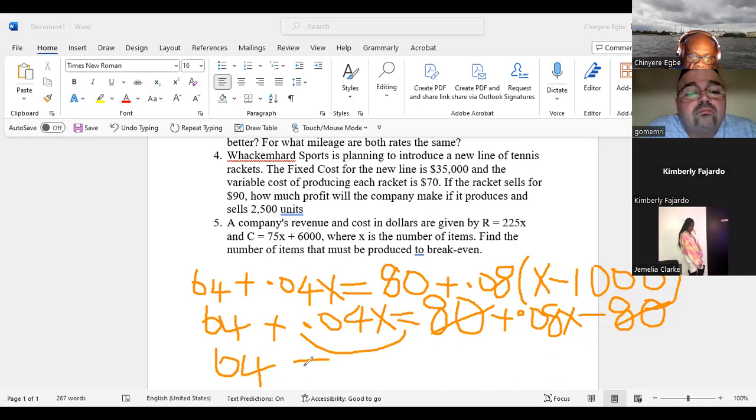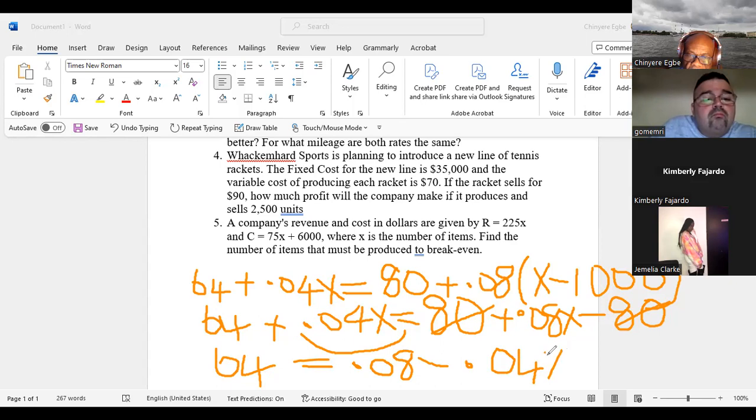64 is equal to 0.08 minus 0.04. And both of them have x, 0.08x.